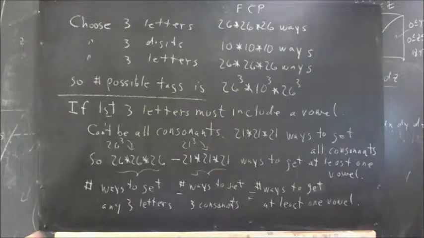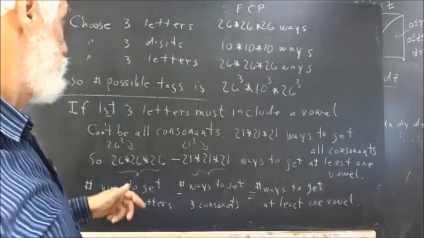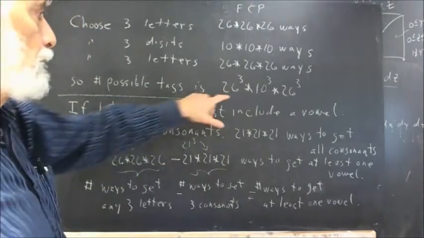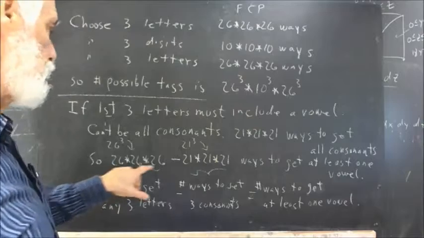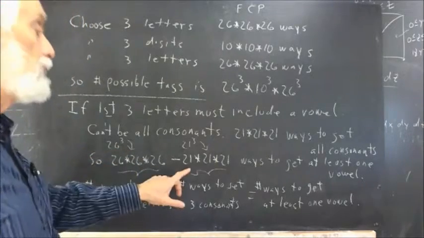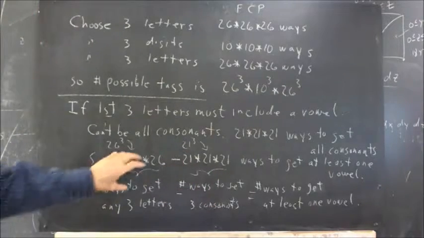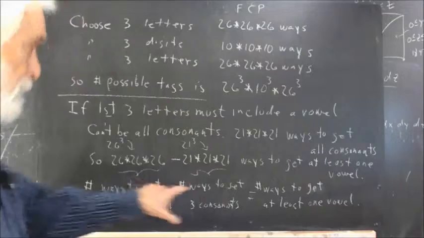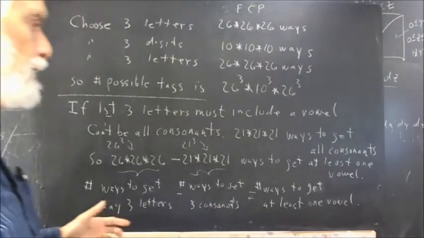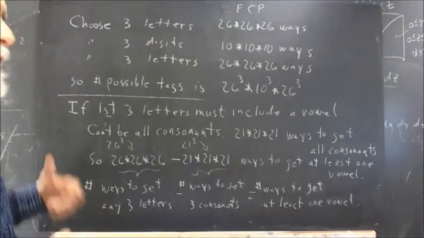Then the number of ways to get at least one vowel is going to be the number of ways to choose the 3 letters, which is 26 times 26 times 26, or 26 to the third, minus the number of ways they could all be consonants. Because if you take all the possible choices and eliminate all the ones that are all consonants, what's left is 3 letter choices that contain vowels.